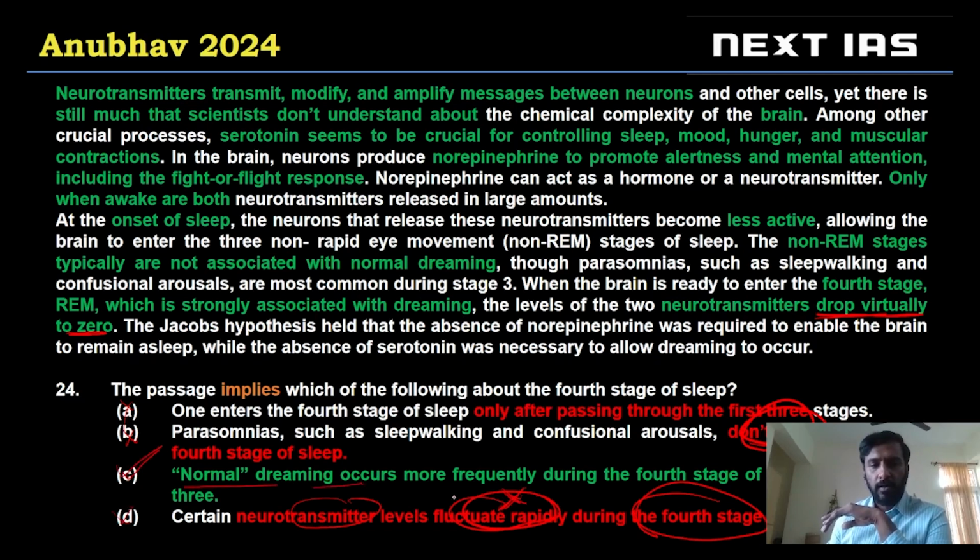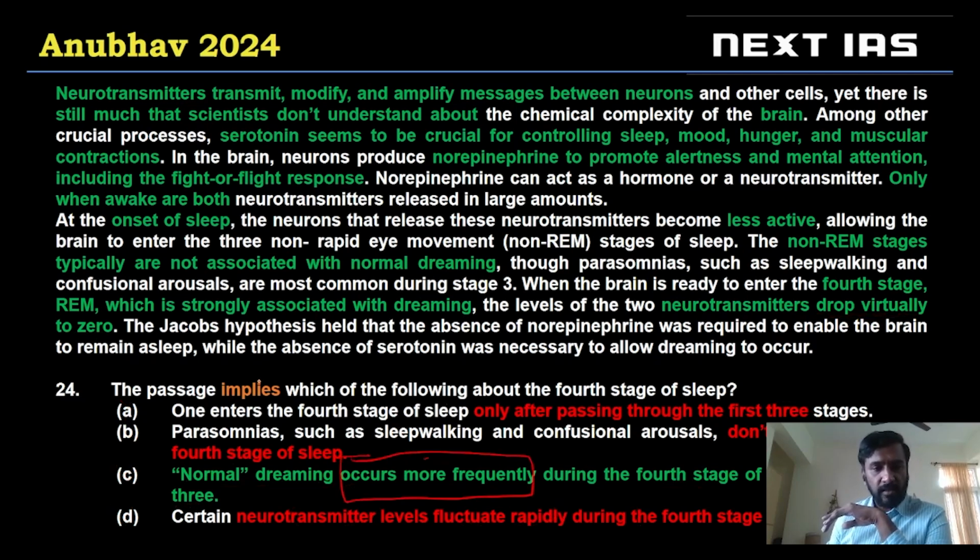Normal dreaming occurs more frequently during the fourth stage of sleep than the first three. Now, how can I make this comparison, occurs more frequently? This is why it's an implication or an inference, right? The non-REM stages are typically not associated with normal dreaming. Just read these two facts which I'm marking in red in the passage. Non-REM is not typically associated with normal dreaming.